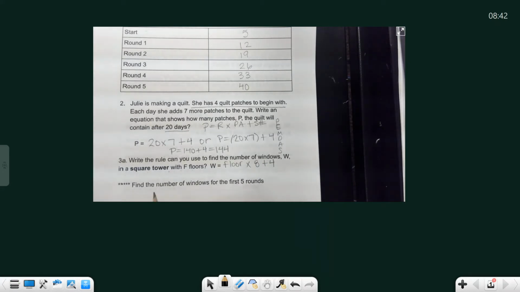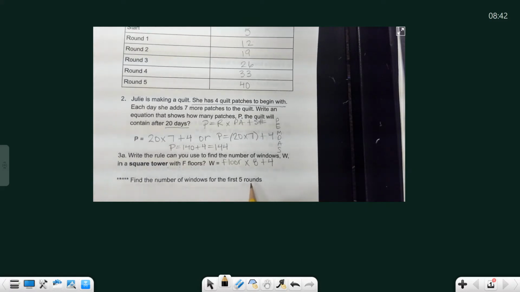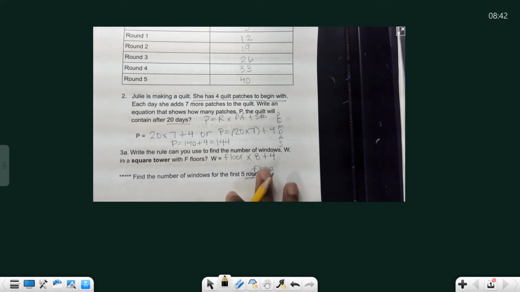And then 8 plus 4 gives you how many? 12. Okay. It says find the number of windows for the first 5 rounds. Well, if we're talking about towers, rounds is just like saying what, Christian? The floors. So I'm just going to cross it out and put floors. Now, here, we're going to input this in.